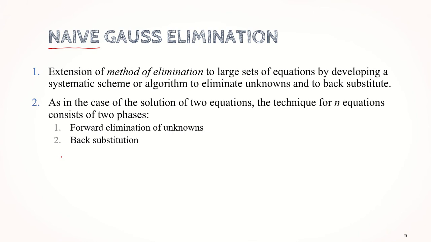So for example, if we have a general set of equations: a11 x1 plus a12 x2 plus a13 x3 plus dot dot dot, and a1n xn equals b1. You might ask, what does a11 mean? It corresponds to the matrix notation that we have learned in the previous class, so I hope that you refer back to the video for that particular lecture.